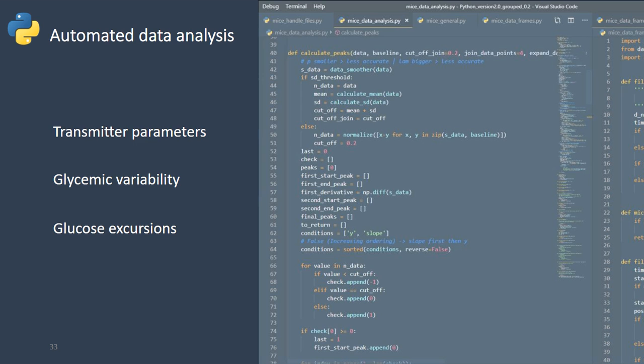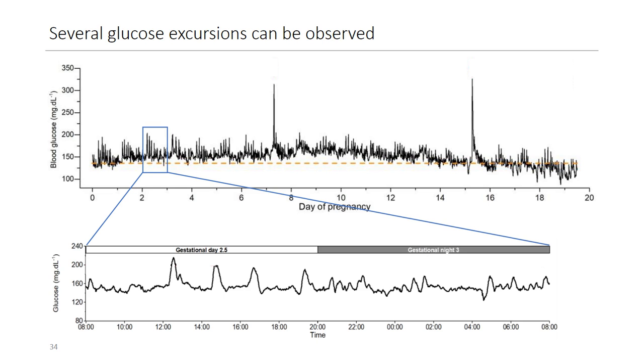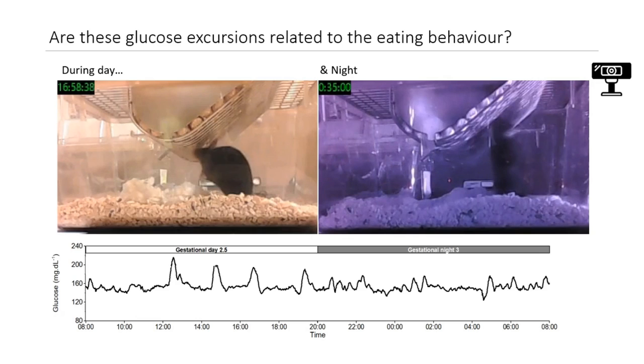And then lastly, we had a look at the glucose excursions. So again, if you look at this insert, you can observe glucose excursions. And we wanted to know, where do these glucose excursions come from? So for obtaining information about this, we placed the camera next to the mouse cage, and we monitored the mice during the day, but also during the night.